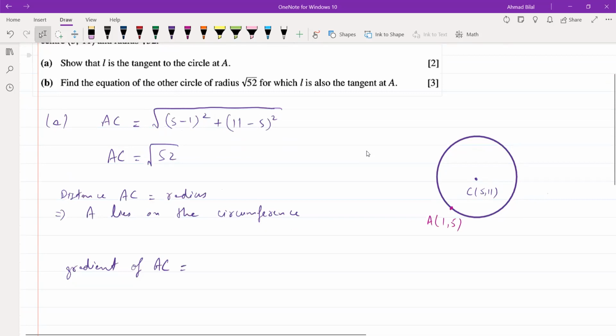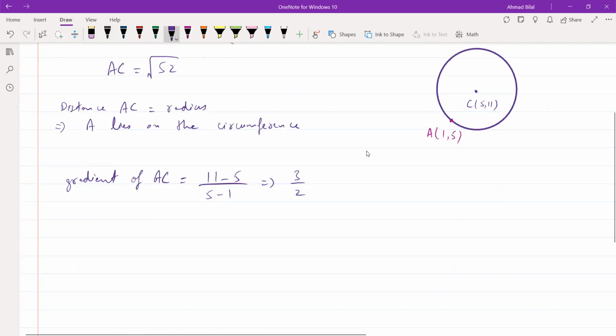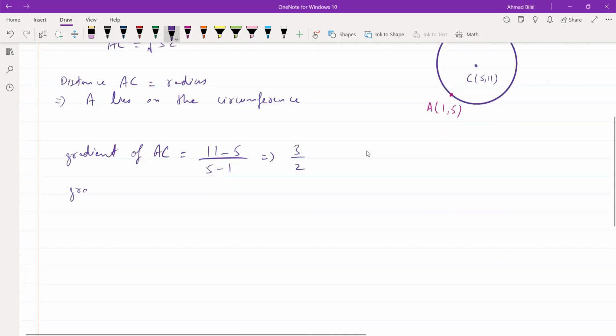That would be 11 minus 5 divided by 5 minus 1, and that turns out to be 6/4, which is 3/2. The gradient of L was minus 2/3.